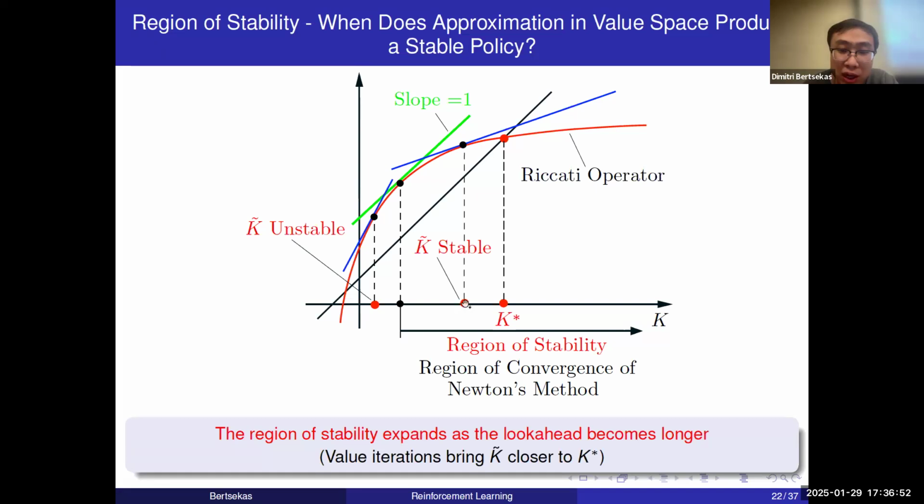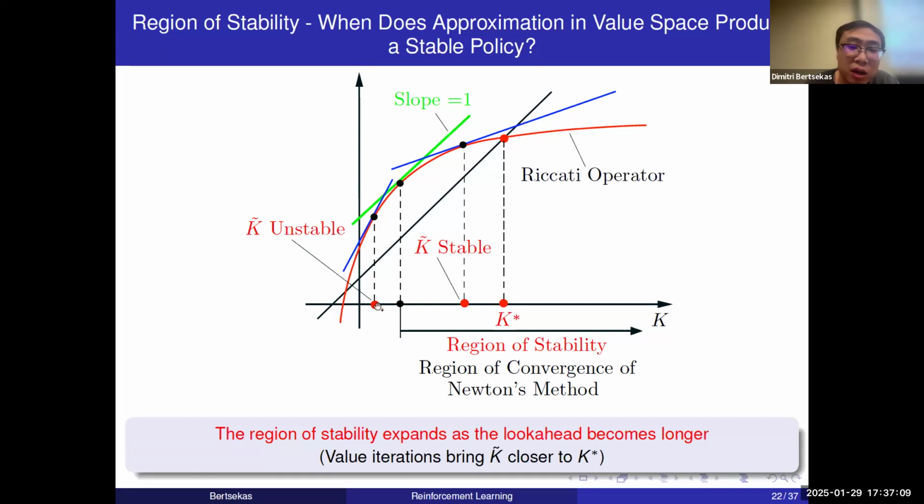So if we look at this point, and suppose this is our cost function approximation coefficient, we do one-step look ahead, and this is the point of the resulting one-step look ahead policy, and it's stable.